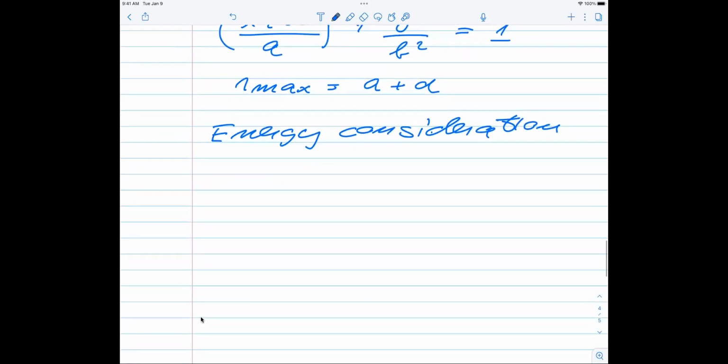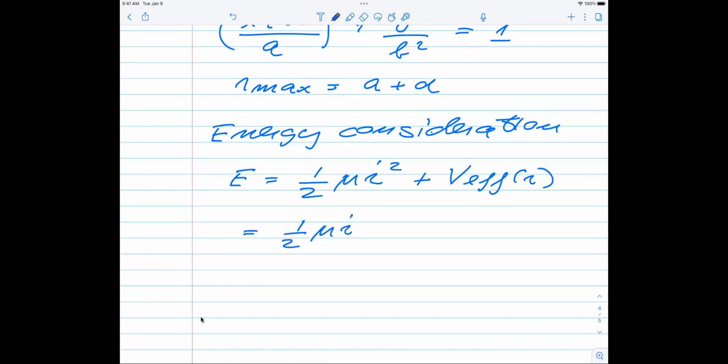So the energy is now going to contain this term, which is given by the radial velocity, r dot squared. And then I have this effective potential, which contains a term from the kinetic energy. So this is given by 1/2 mu r dot squared plus this V of r, which we don't specify yet, plus L squared divided by 2 mu r squared.